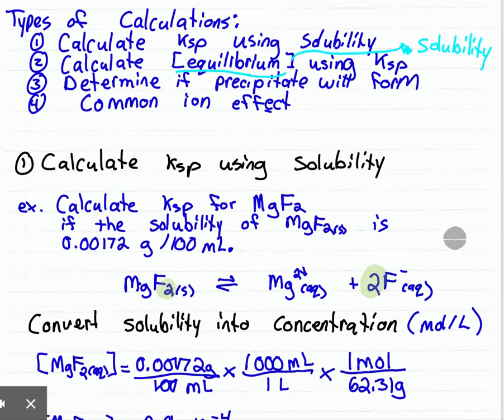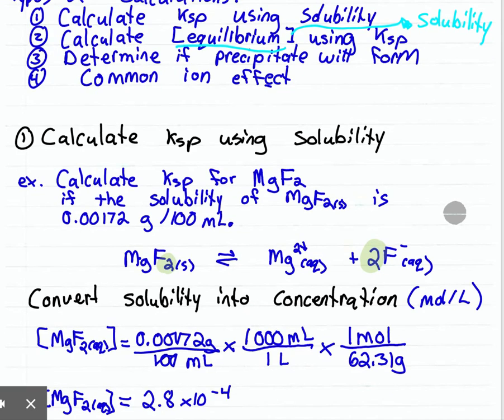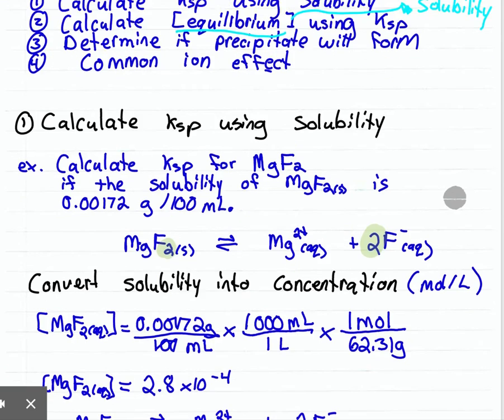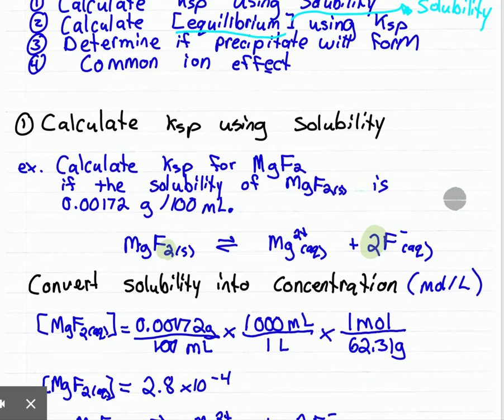If I punch this all into my calculator, I get 2.8 times 10 to the negative 4. And if we do a quick unit check, we're going to see that we've converted our units properly, because the grams are going to cancel out.